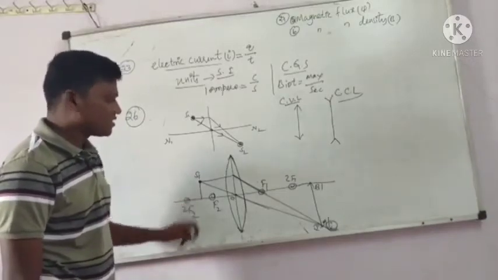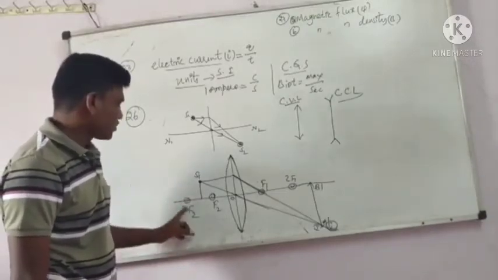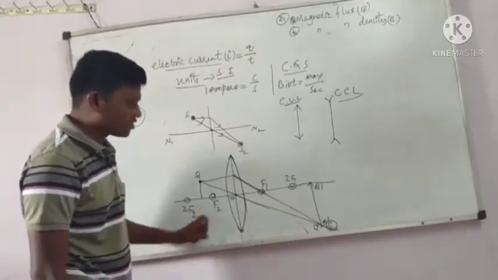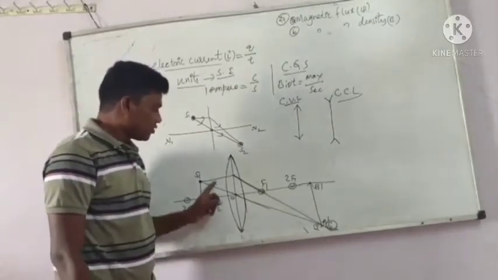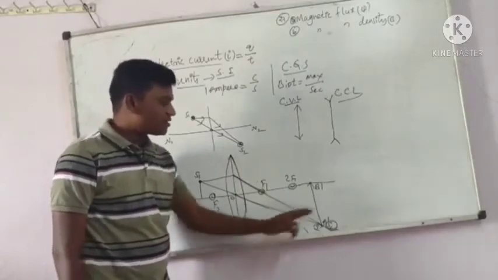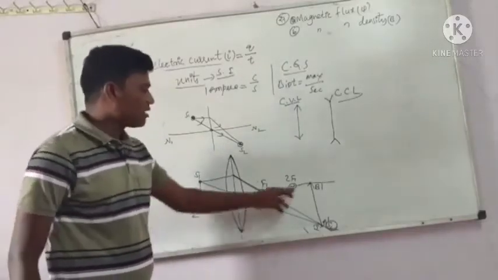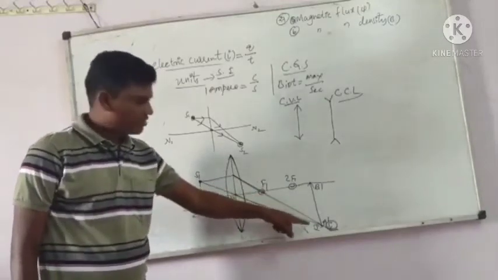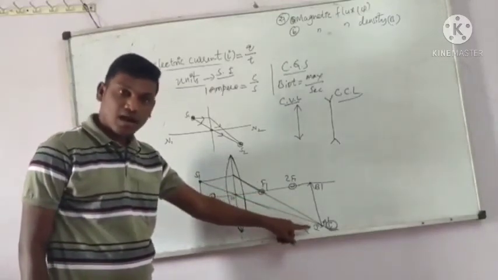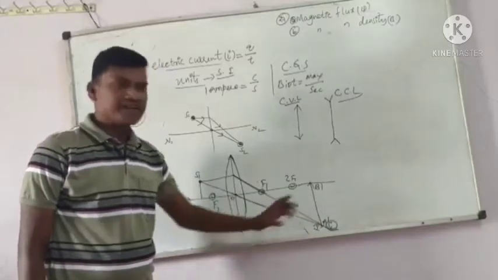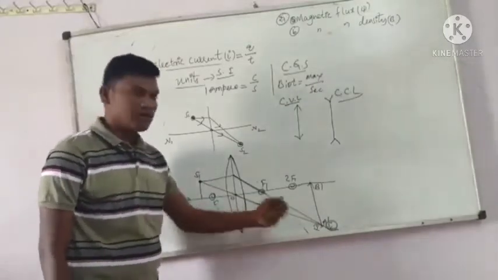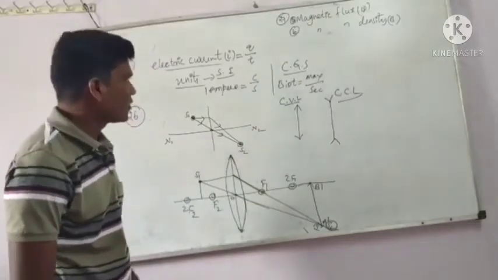We can say if the object is placed between 2F2 and F2, that is center of curvature and principal focus, the image will be formed beyond the center of curvature or 2F1. It is a real, inverted and magnified image that will be formed. This is the nature of the image.